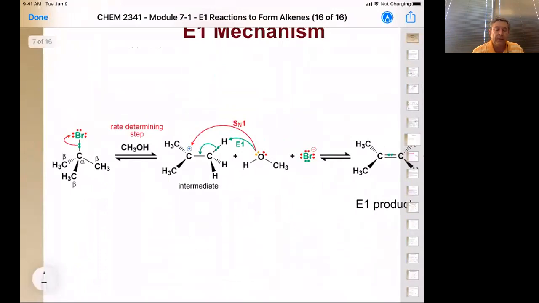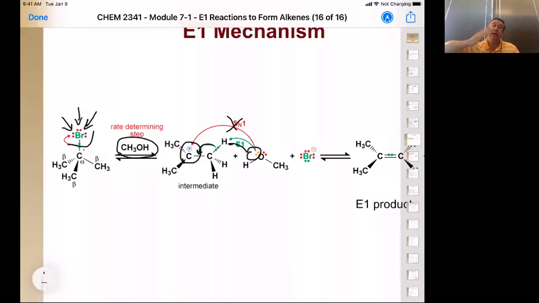Again, because we have a polar protic solvent, we can hydrogen bond to our bromine, making it easier to leave to give us our carbocation. And then once we form our carbocation, in the case of using it as a base, we're going to use the lone pair from here to reach out and start grabbing that, kicking the electrons in.